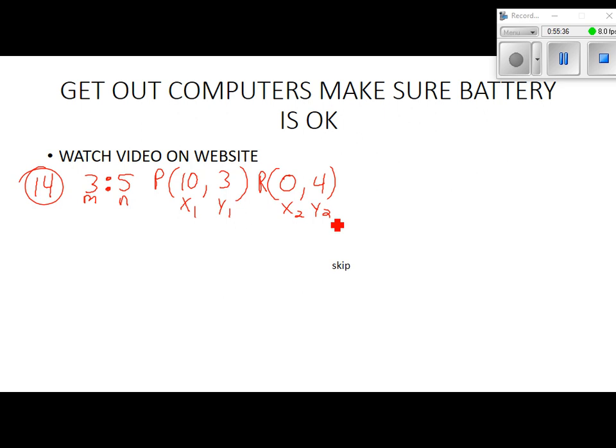Can we do it now just using the formula? So let's do our X's. What's our n? 5. Times, what's our X1? 10. Plus, what's our m? 3. Times, what's our X2? 0. Over m plus n, 8. So 50 over 8.